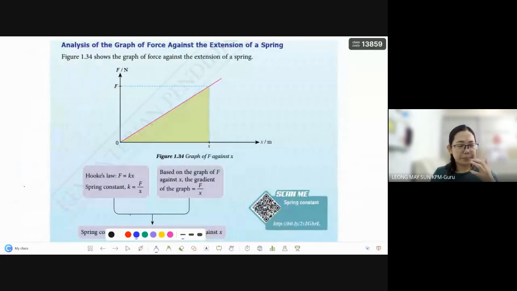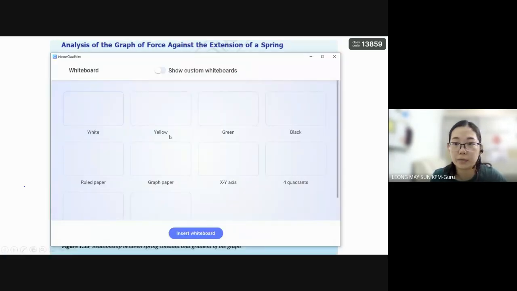Okay, so now let's go to analysis of the graph. I think I prefer to write this out by myself.